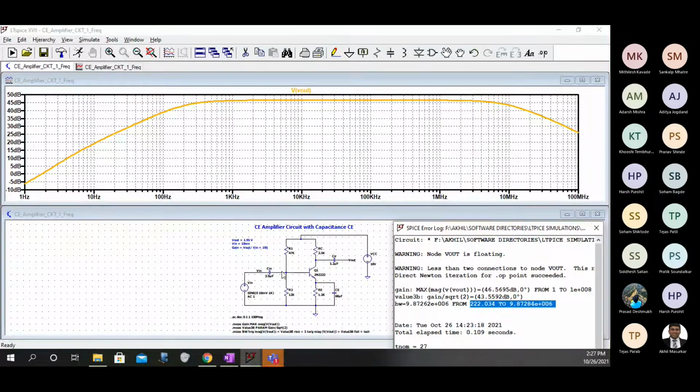I want to see circuit, the graph, as well as this. Put your answers in the chat box.